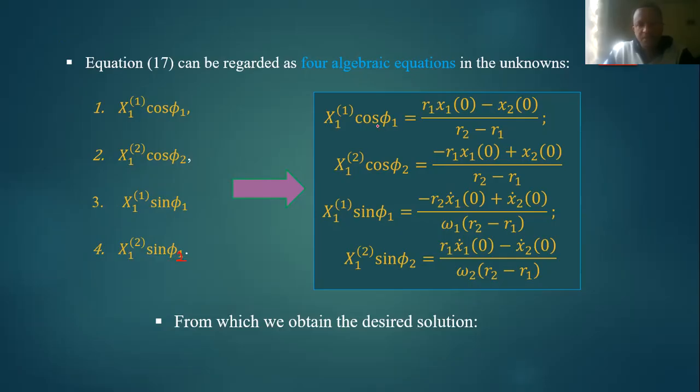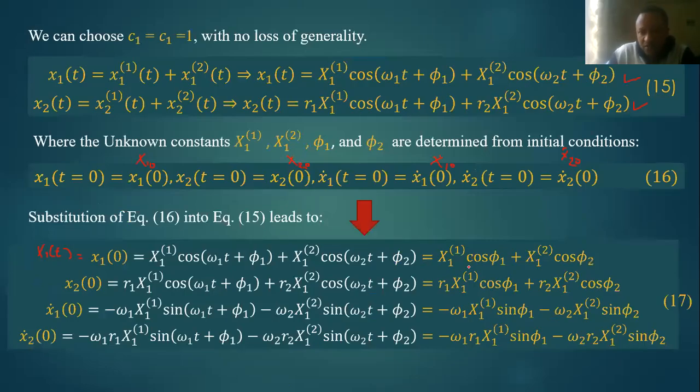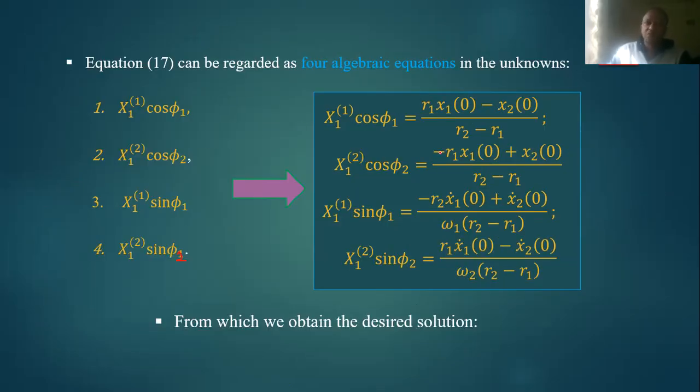So those things give us this kind of equation, from where we can obtain these 4 equations. Here we have another equation, here we have another equation, and here are some sine equations. So this is the combination of those equations.